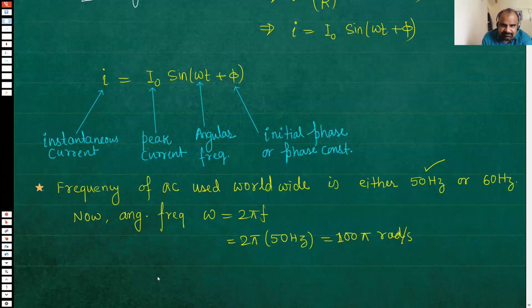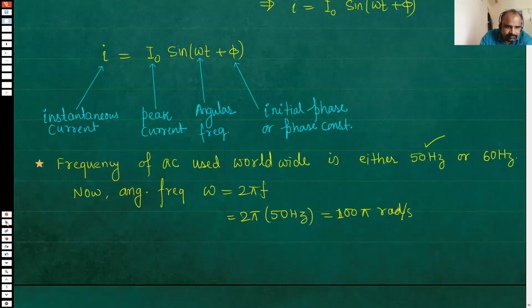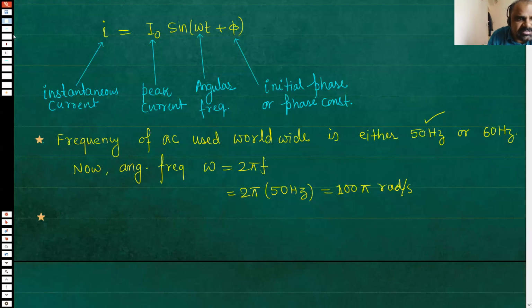Now, second thing is, what is the phase? What do you mean by the phase? The entire angle within the sine function is called phase. I think I have already told you this in one of the classes, but it is so important that I have to repeat it many times.